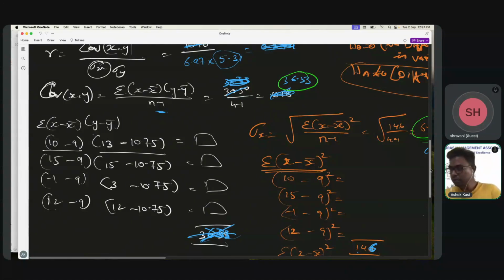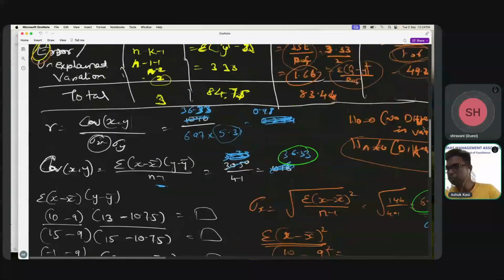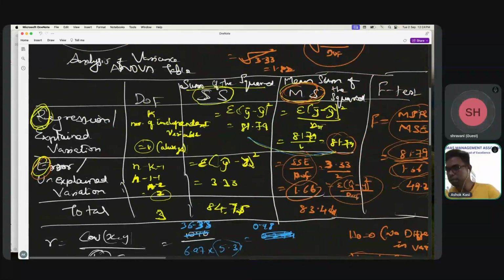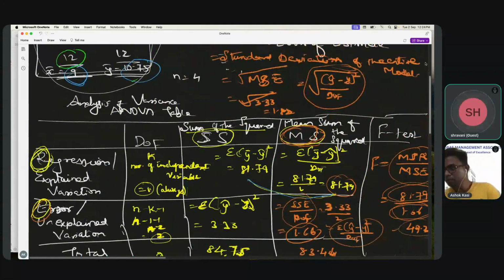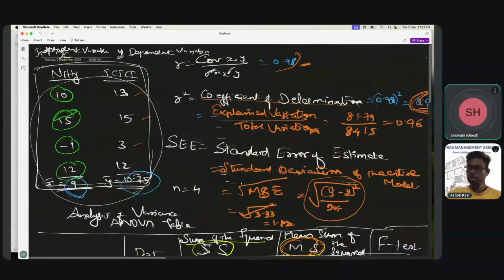Why I did all these long cut ones is so that you don't get any doubts about how these numbers are coming. Otherwise you can practice with the calculator. But I'll tell you the shortcut also, the shortcut in Excel. You will not be able to do Excel in the exam, but just to give you an idea.